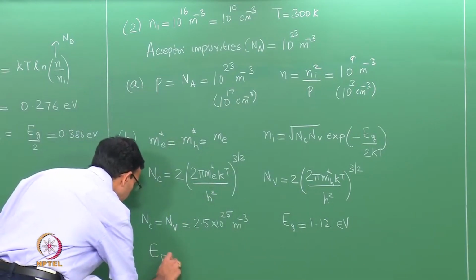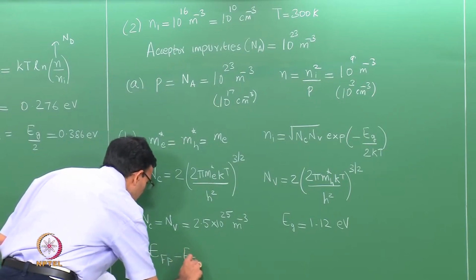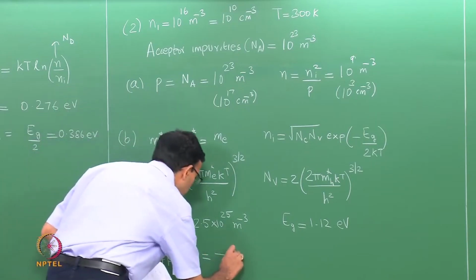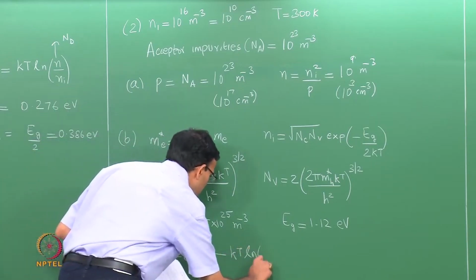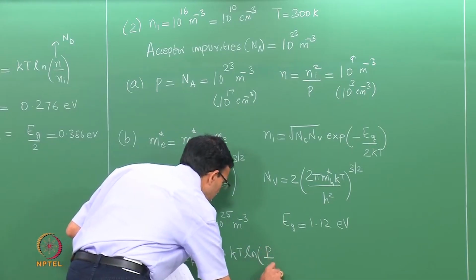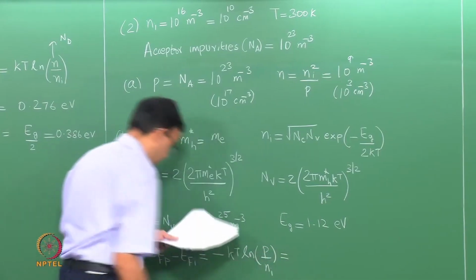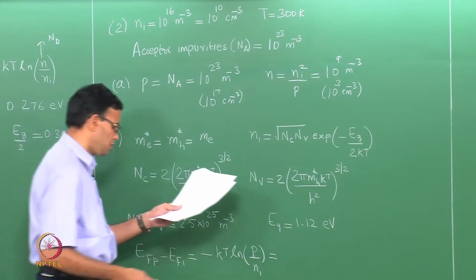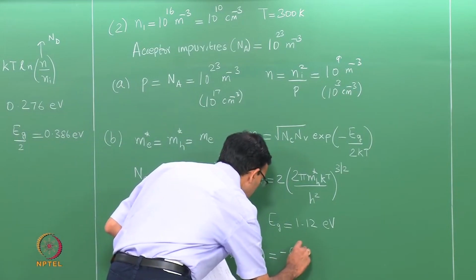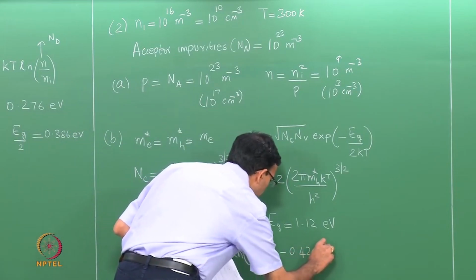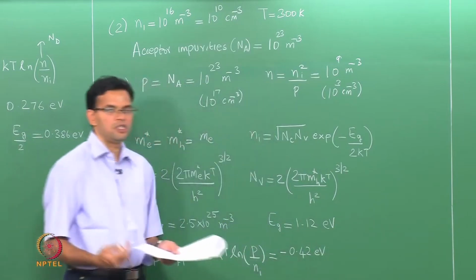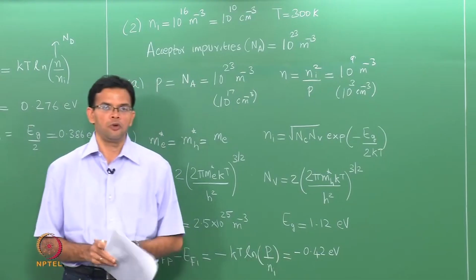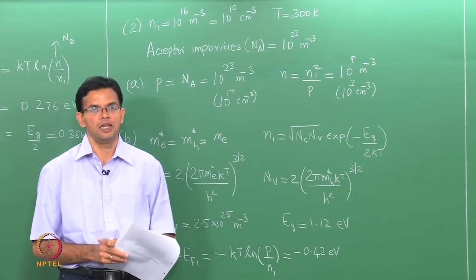So, EFP minus EFI is nothing but minus kT ln of P over Ni. P we know, Ni is known, we can substitute, and this is minus 0.42 eV. So, this is below the intrinsic Fermi level.